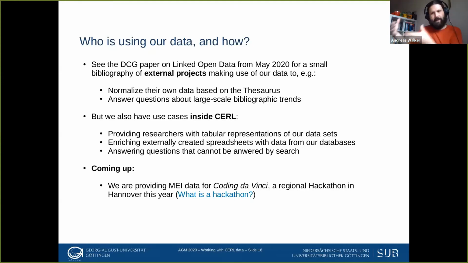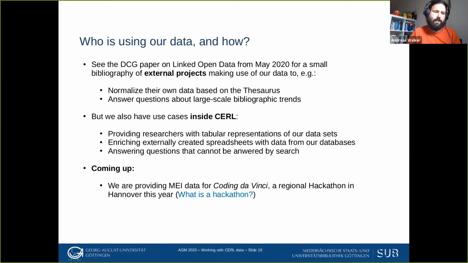But it's the other side of it, who's working with our raw data. So we try to compile a small bibliography of external projects, which is in the DCG paper on linked open data from May of this year. I don't know whether that one is actually publicly available or whether we just have that internally, but I'd be happy to share the bibliography with anyone who's interested.